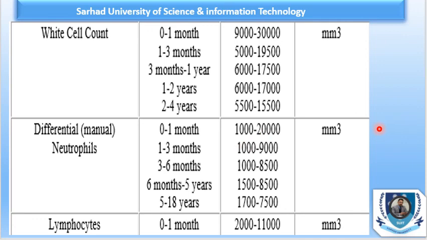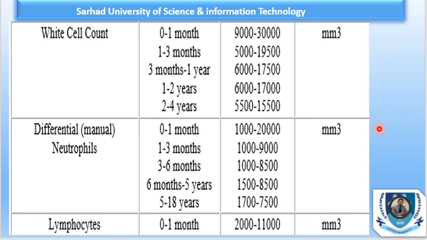Summarizing this, the first thing is looking at the age and sex, then looking at the WBC count. Along with the WBC count, you will check the neutrophil count, lymphocyte count, and the differential count. Then you will go on to the RBC indices and check the hemoglobin. If hemoglobin is lower, then you will see whether we have high MCV or low MCV. On the basis of MCV, we can say whether it's microcytic or macrocytic.